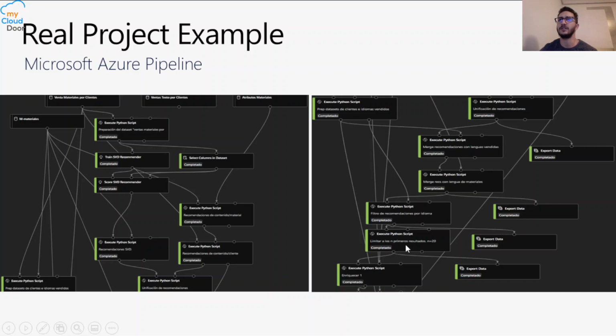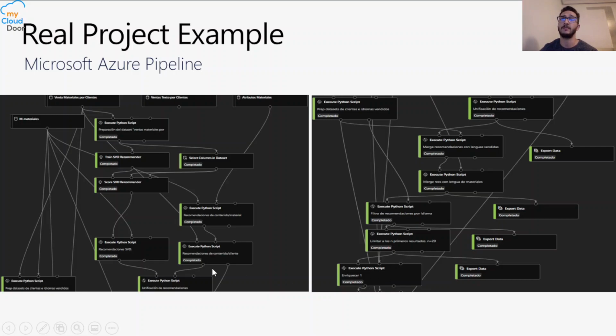And here we did some limitation. We don't want to bombard the clients with a lot of options. After all, this is the reason we are creating the recommendation system in the first place. So after merging the two systems, we get more than 20 recommendations. What we did here is filter these recommendations more, bringing them down to 20 recommendations at the end.